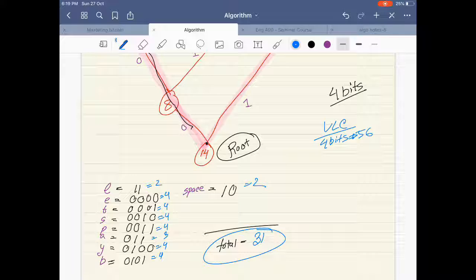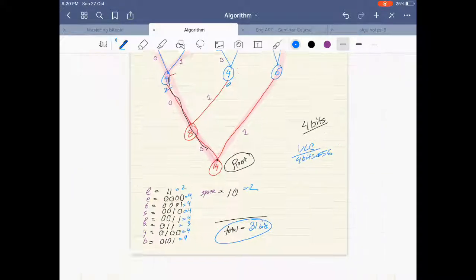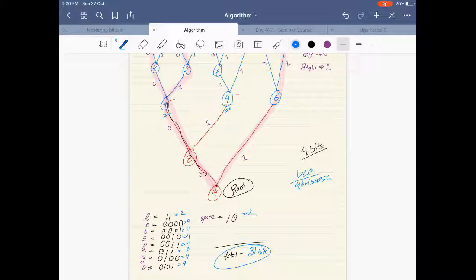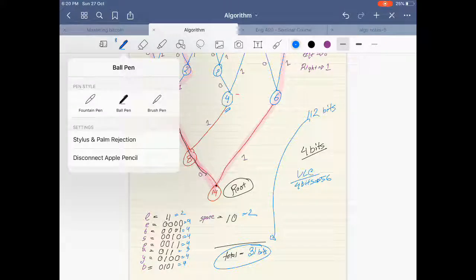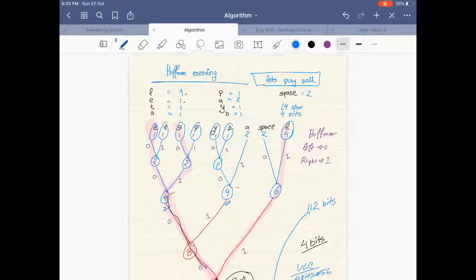However, using Huffman encoding, we have only 31 bits to work with. So this is much more compressed than the data that we had if we used ASCII, which was 112 bits. So we reduced it from 112 bits to 31 bits, which is really good. I mean, really good. So this is all about Huffman encoding.